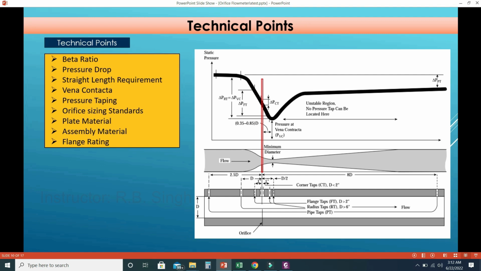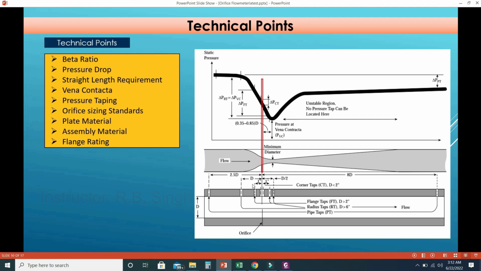Sometimes we require flange tapping, sometimes vena contracta tapping, sometimes pipe tapping. The most commonly used is flange tapping. Here the tapping will be on the flange only, and the distance of the tapping from the center of the orifice is 1 inch.